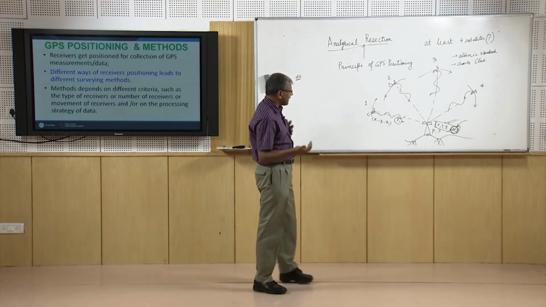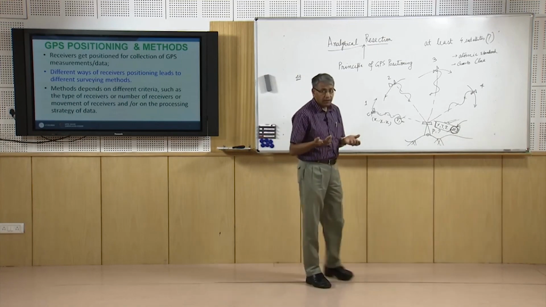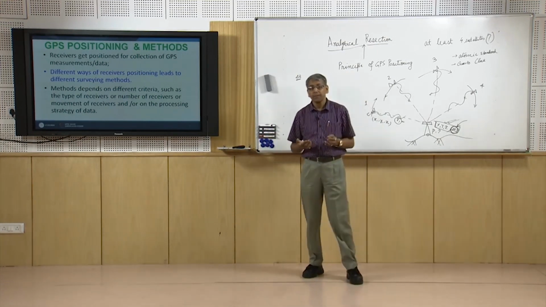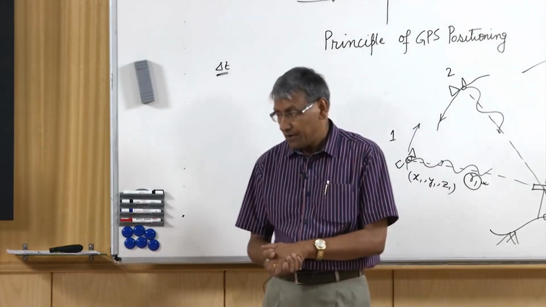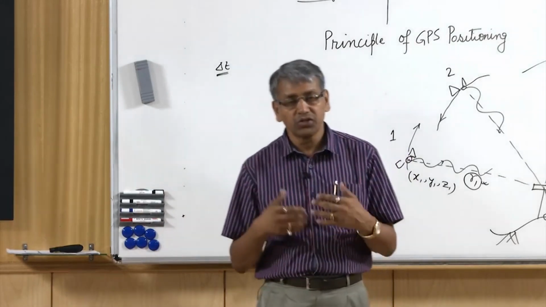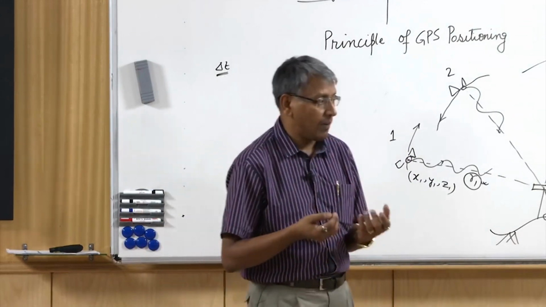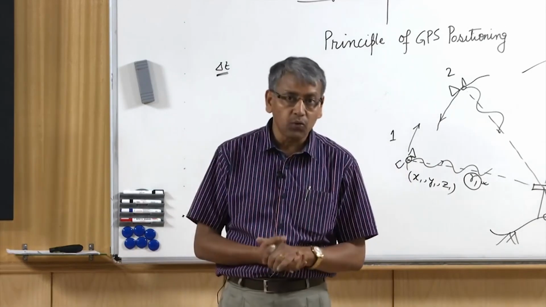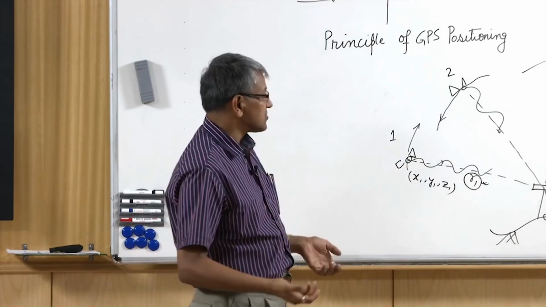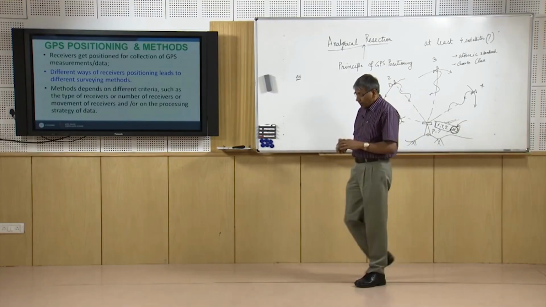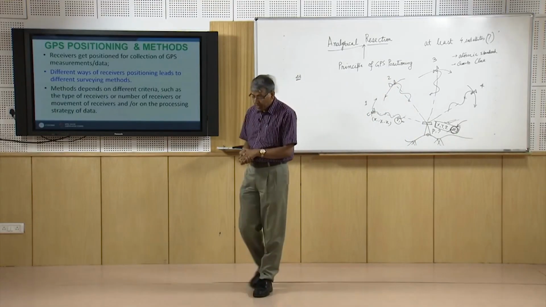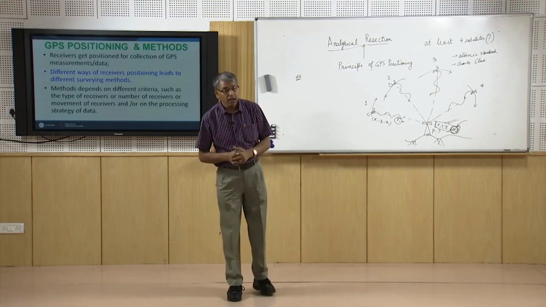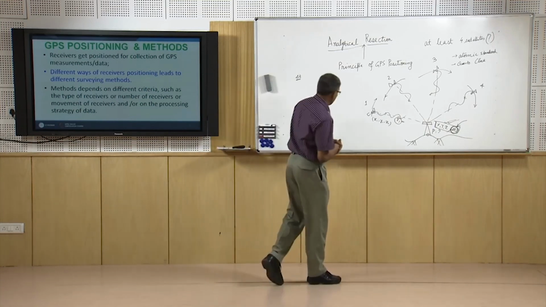Depending upon the field condition, the type of object whose position has to be determined, and the accuracy requirement, these methods vary, that is, how we place the receiver in the field.